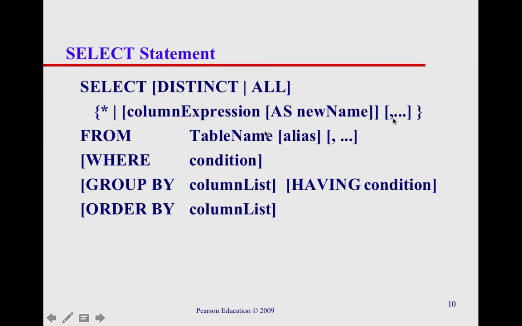And then you can see there's a continuation that is a comma, dot, dot, dot. So that means you're allowed to have a repetition of one or more columns that are comma separated. Okay?